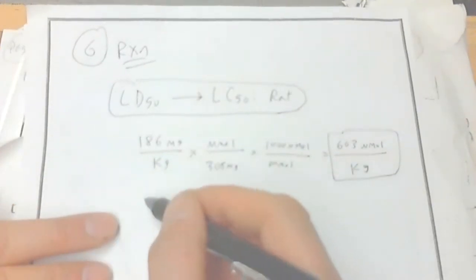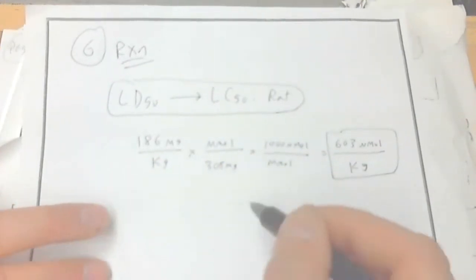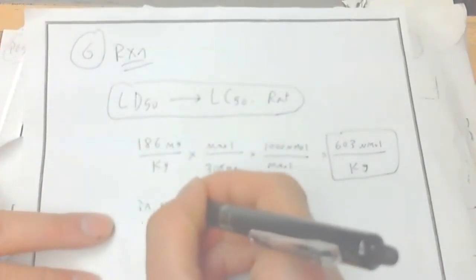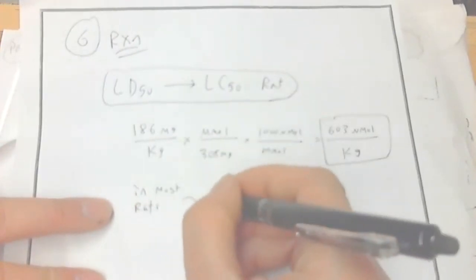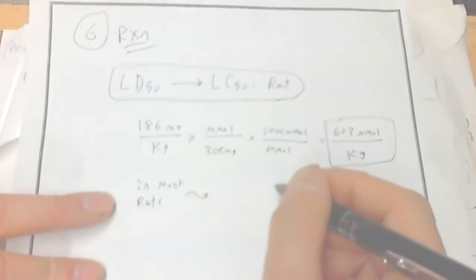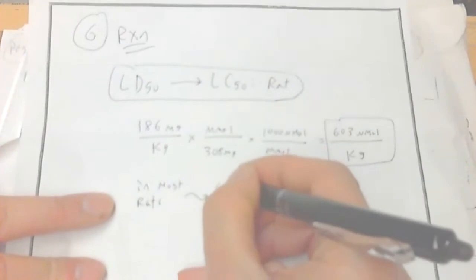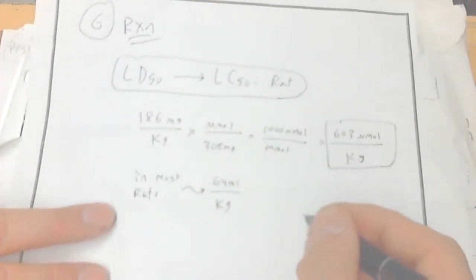And all right, so how do we do that? So this is a case where we just rely on the average blood volume of a rat, and in most rats, the volume of blood is 64 milliliters per kilogram. And this is called the total blood volume.